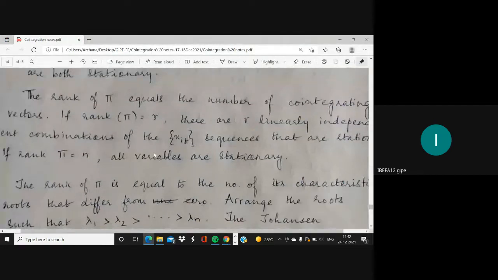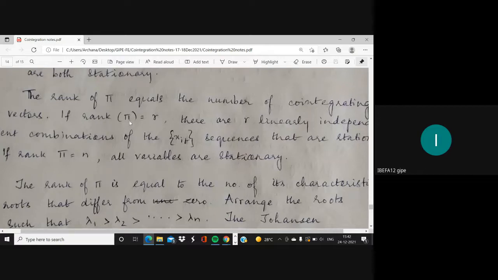So if the rank of pi is equal to r, that means that there are r linearly independent combinations of the xit sequences that are stationary. So this is again similar to what we've learned earlier. If rank of pi equals 0, obviously all the elements of the pi matrix are equal to 0, and there's absolutely no co-integrating vector there.